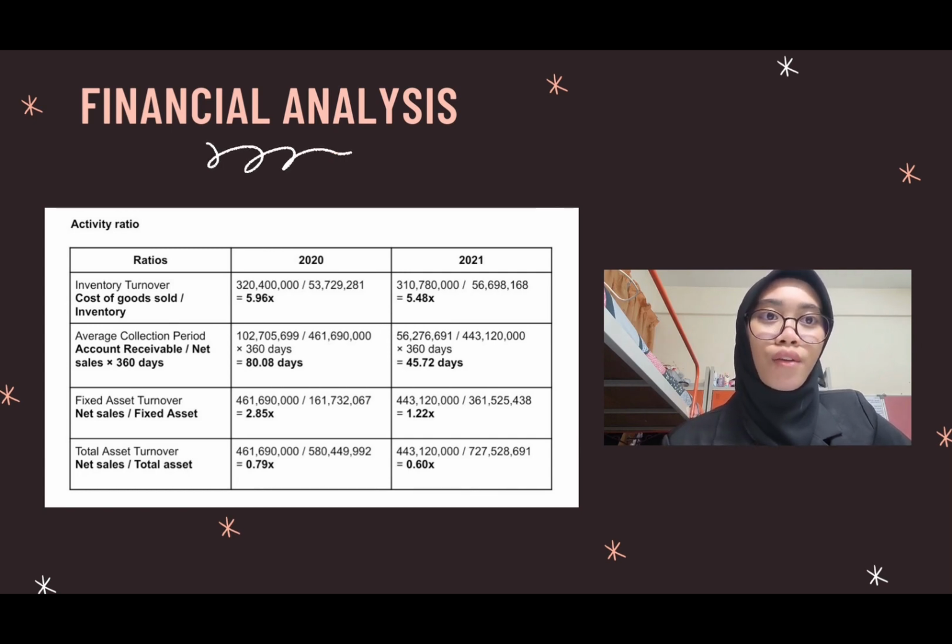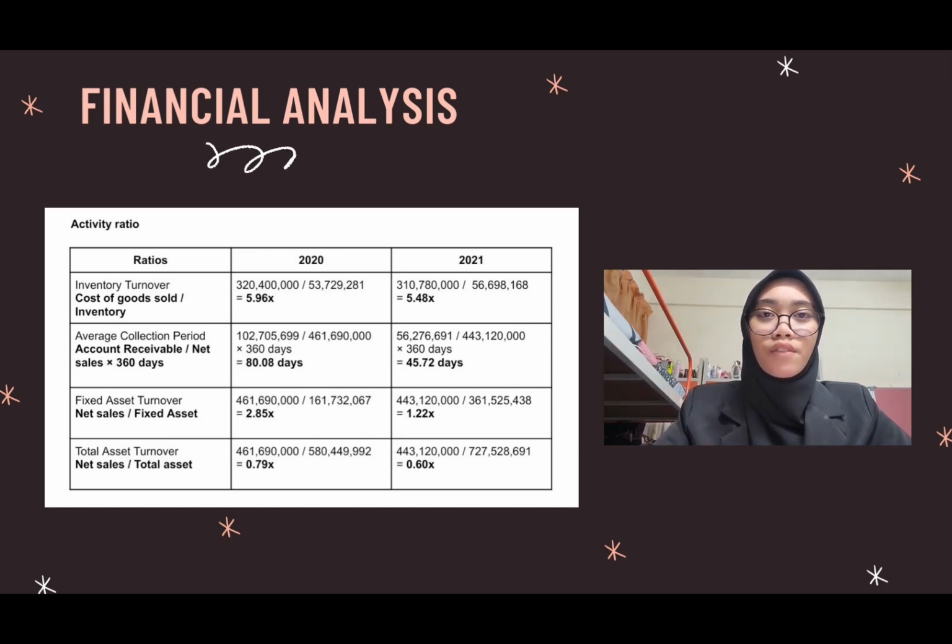Meanwhile, for the year 2021, 440,120,000 divided by 727,528,691 equals 0.60 times.